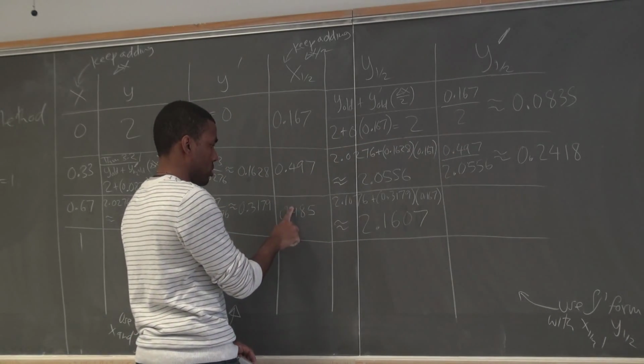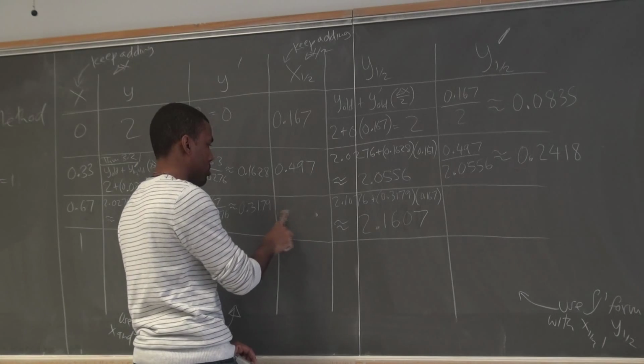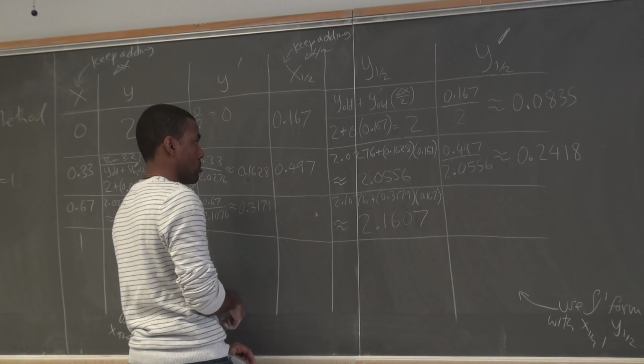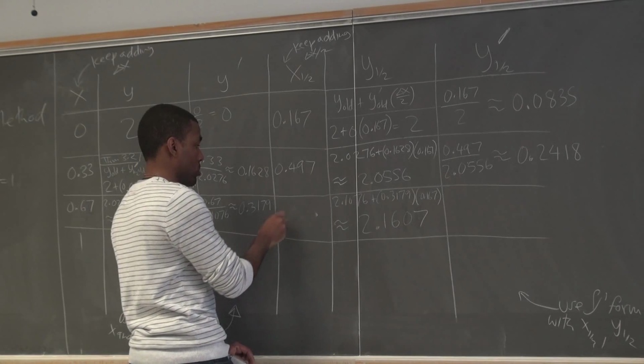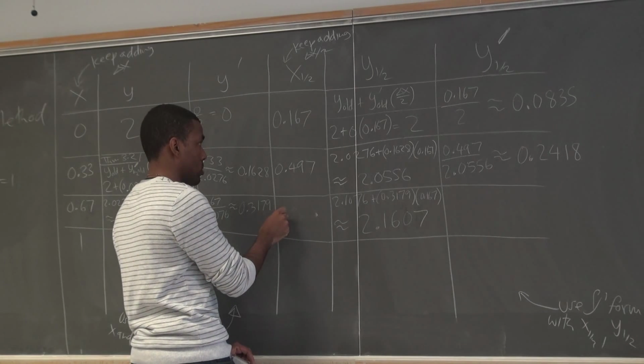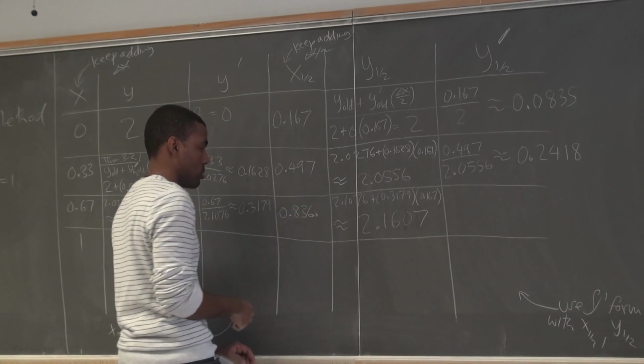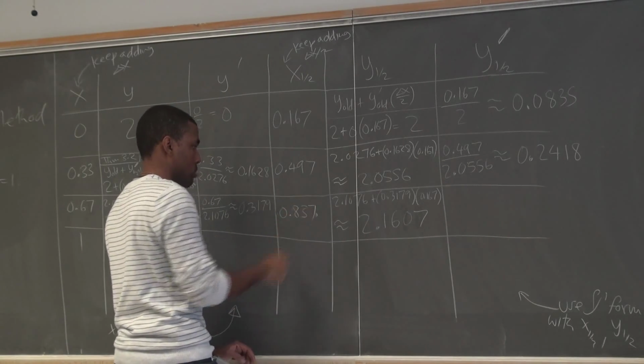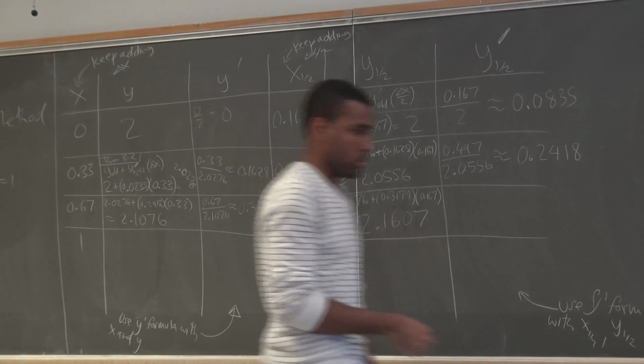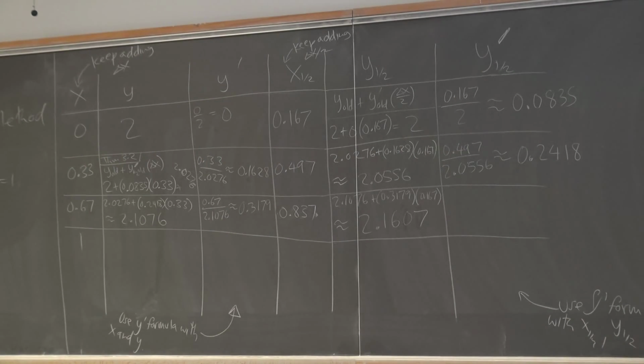I got 0.664. Shouldn't it be going up? It should be going up. So it's 0.497 plus 0.167, 0.664.